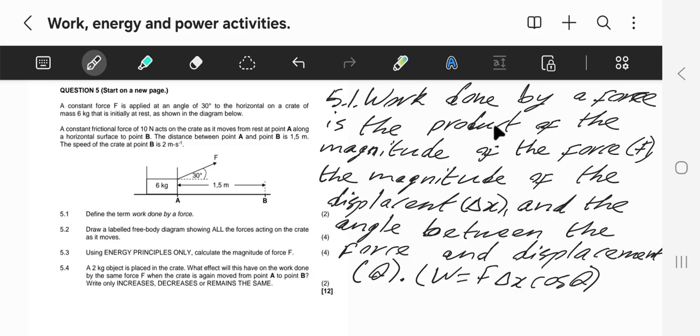You will say that work done by a constant force F is this, where F is the magnitude of the force, delta x is the magnitude of the displacement, and theta is the angle between the force and the displacement. That's how you define work done by a force.